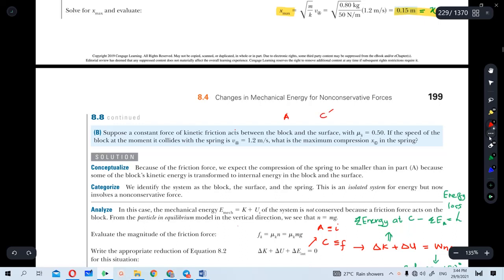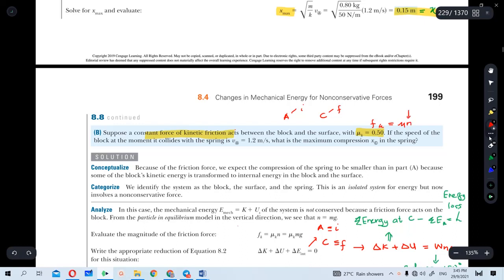Alright, in the B question, you will find that you will still consider positions A and C, where C is our final, A is our initial. However, there will be a friction. And in this case, you are required to calculate it. How? By combining the idea that you have learned in the previous topic, that friction is coefficient times the normal force.